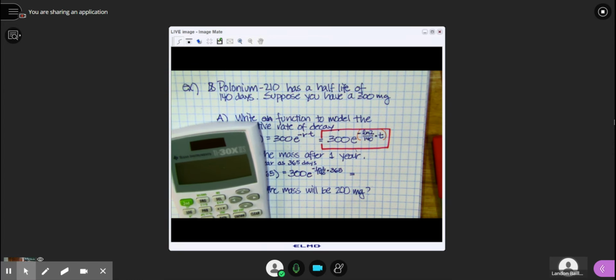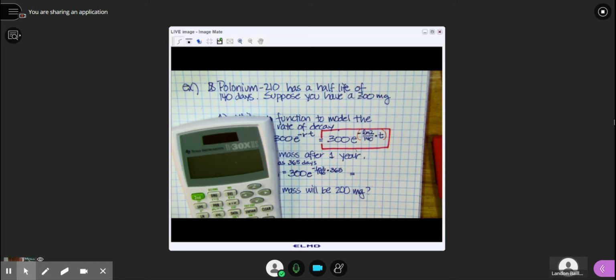Okay? So now when I type this into my calculator, 300 e to the... I type it all in at once, unless it's really obvious. Like if that had been a 70 rather than a 365, 70 and 140 cancel. So I would have done some stuff real quick.